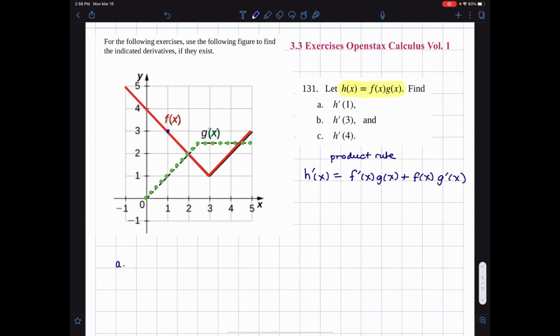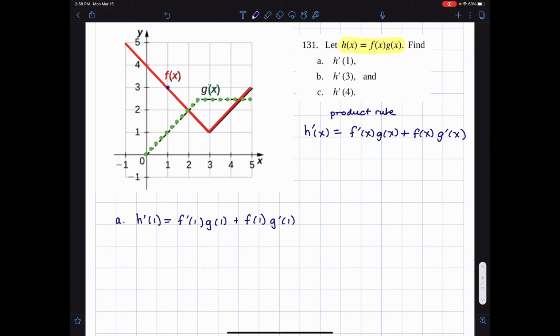For part a, we are going to put in 1 for x, and then figure out what's going on there. So we're going to put 1 in for x for the derivative.